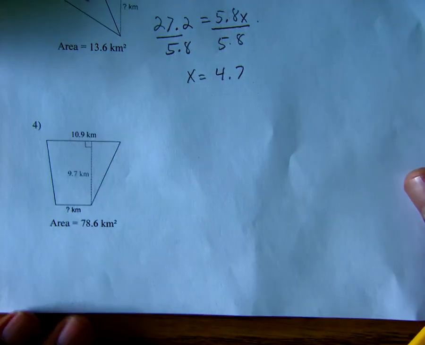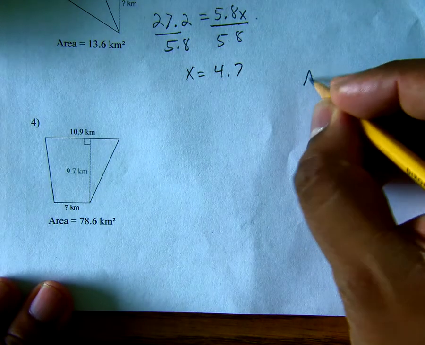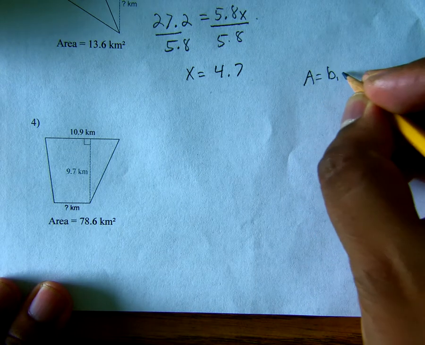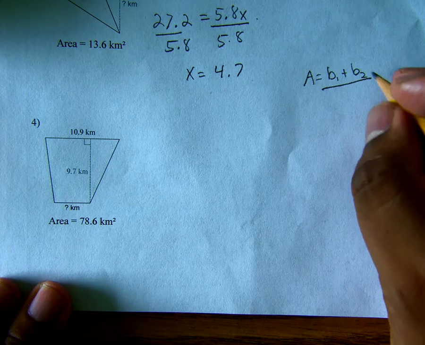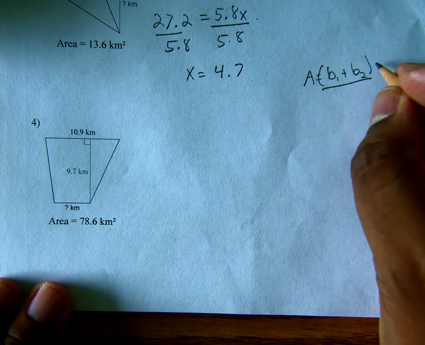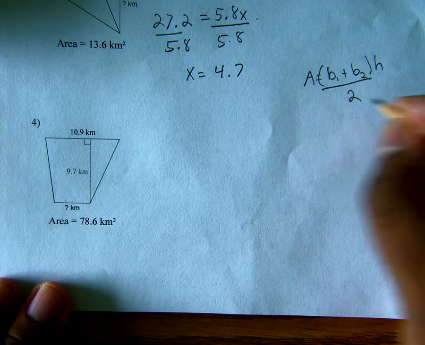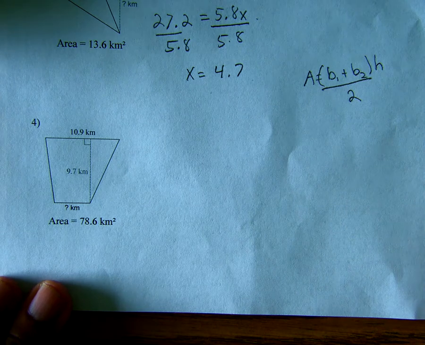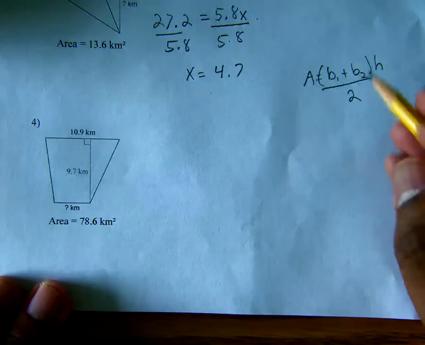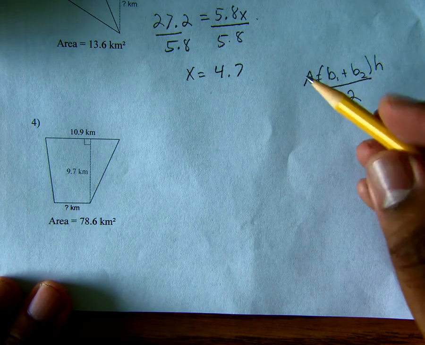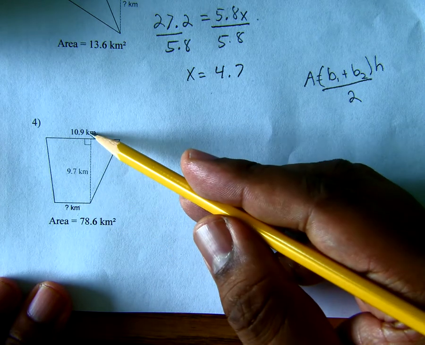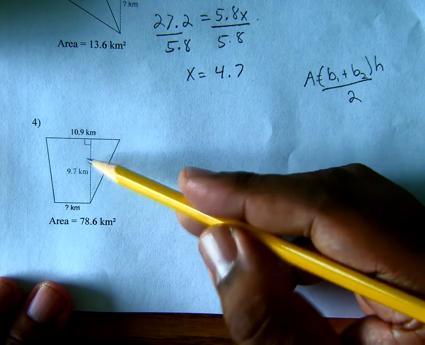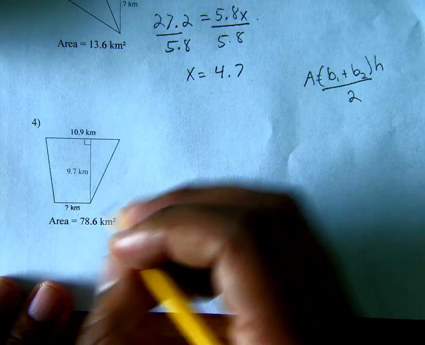Now, the formula for the trapezoid was area is equal to B1 plus B2 times the height divided by 2. Okay, and we want to plug in all the pieces that we do have and search for the piece that we don't. In this case, one of our bases is missing, but we do have the other base and the height and the area. So we're going to plug those values in.